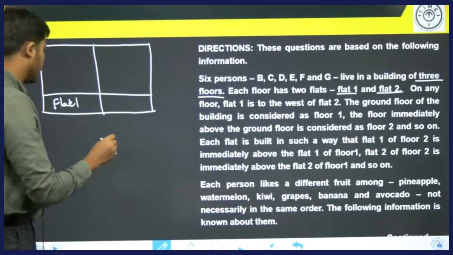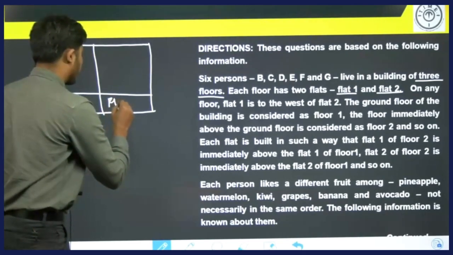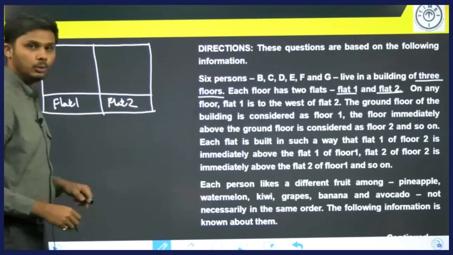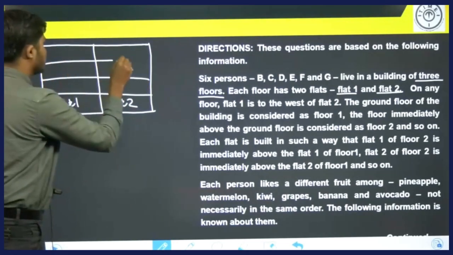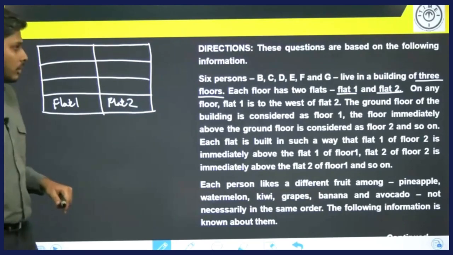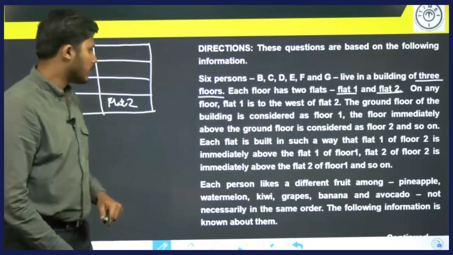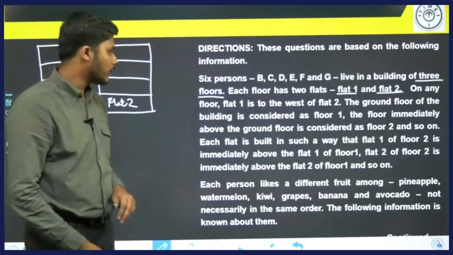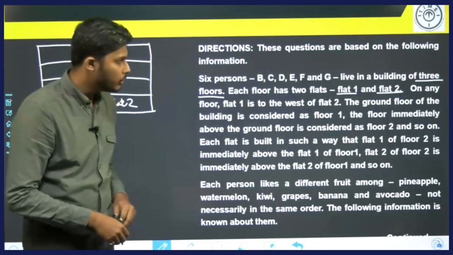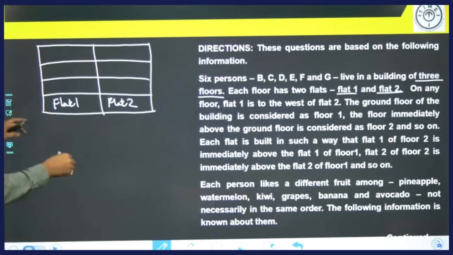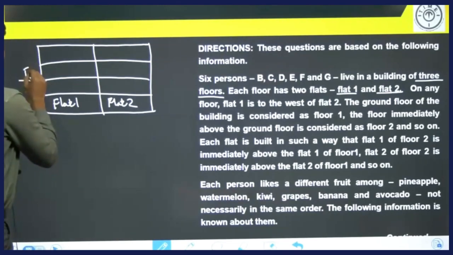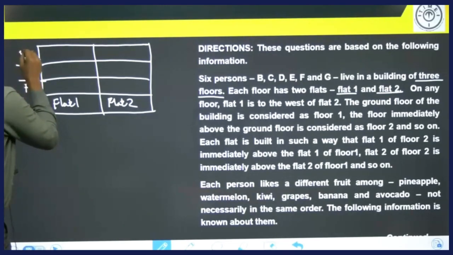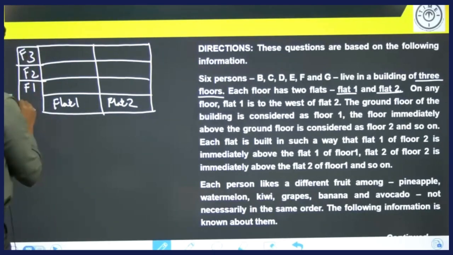The ground floor of the building is considered as floor 1 and the floor immediately above the ground floor is considered as floor 2 and so on. So since this is the ground floor, this is floor 1, floor 2 and floor 3.